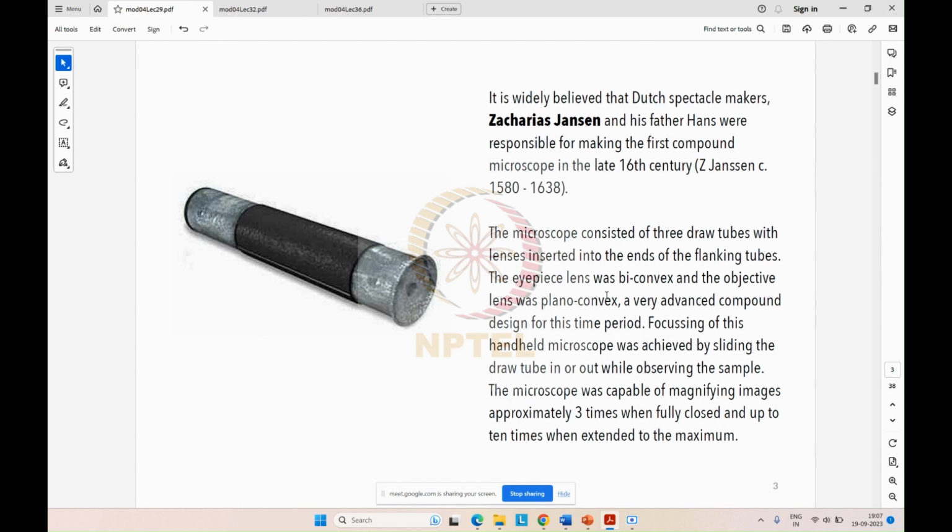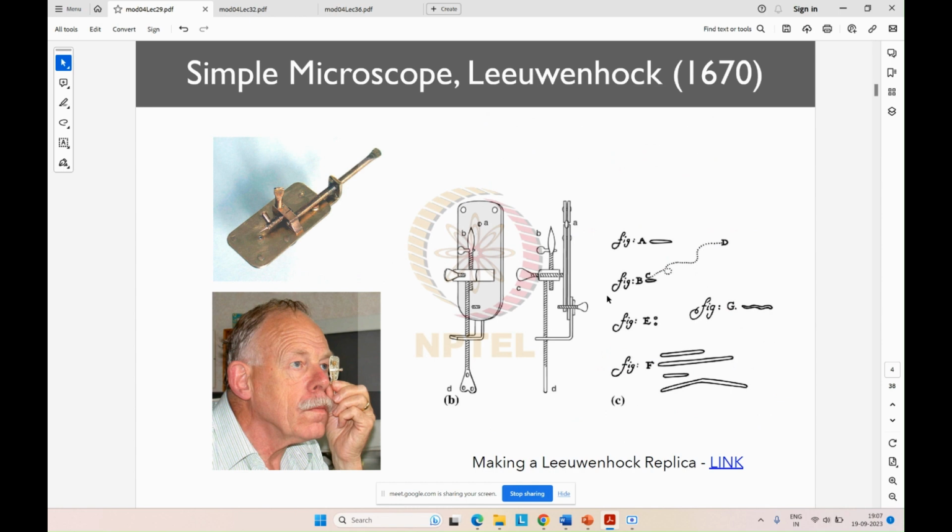There were subsequent approaches to design better microscopes, and one of the first simple microscopes that helped set the path for microscopy in general was Leeuwenhoek's microscope, which is what you call a simple microscope.